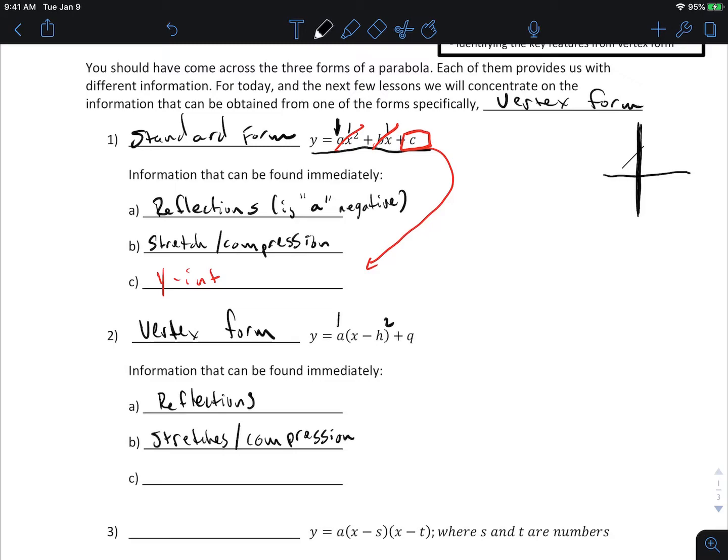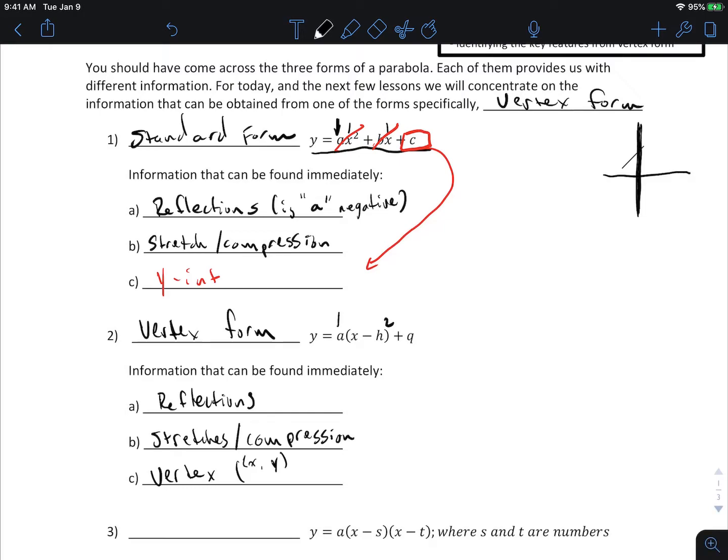Visually you can see the vertex when you write it in vertex form, which is the whole point of what we're trying to do today: to be able to switch between forms so that I can get the vertex to just spit itself out in vertex form. So I can read off the vertex, and it's a point, and points have x's and y's.